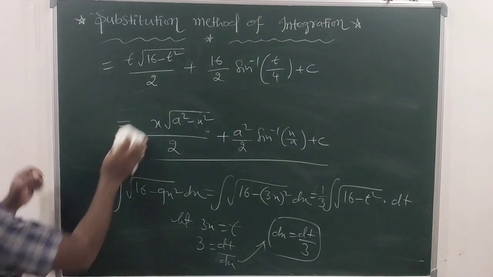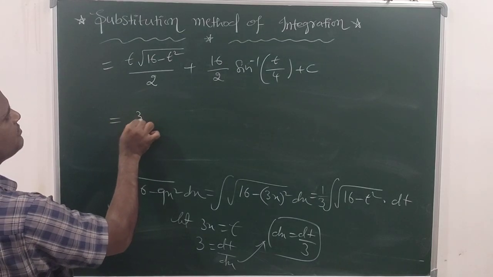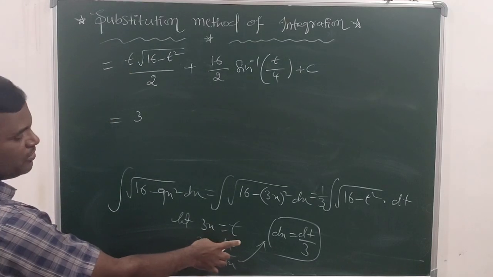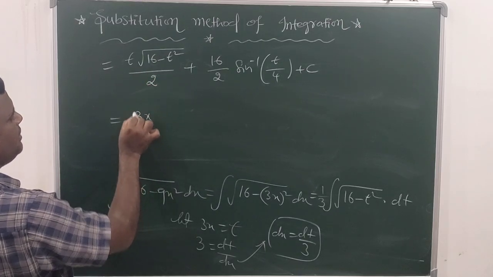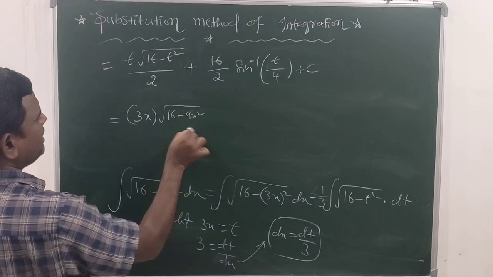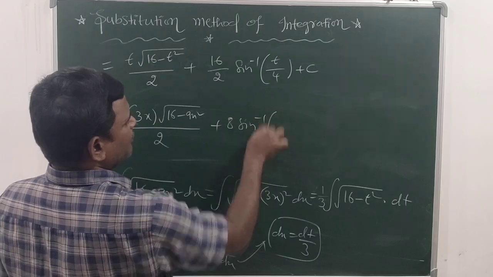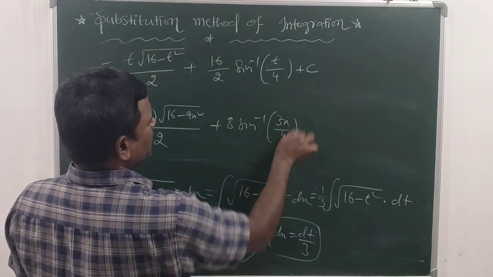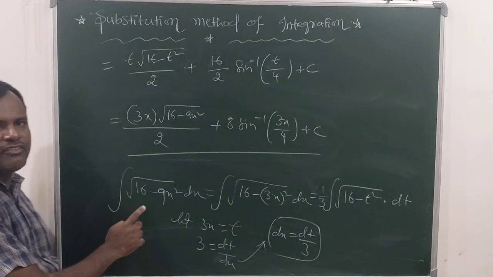Okay, students, now in the place of t write 3x, because we assumed t as 3x, right? Here 3x square root of 16 minus 9x square by 2 plus 8 sin inverse of 3x by 4 plus c. Like this you people have to evaluate the integral of this function.